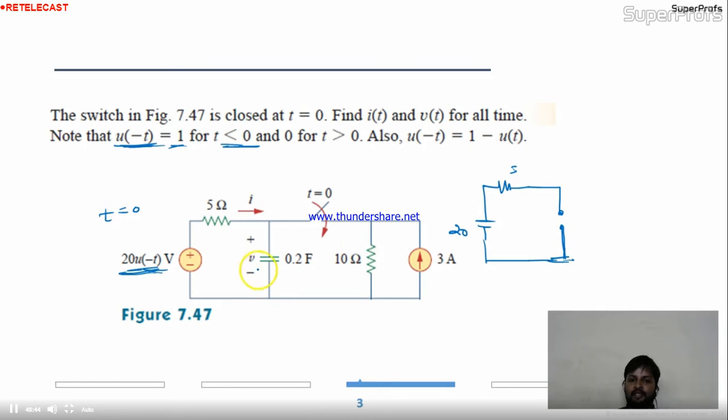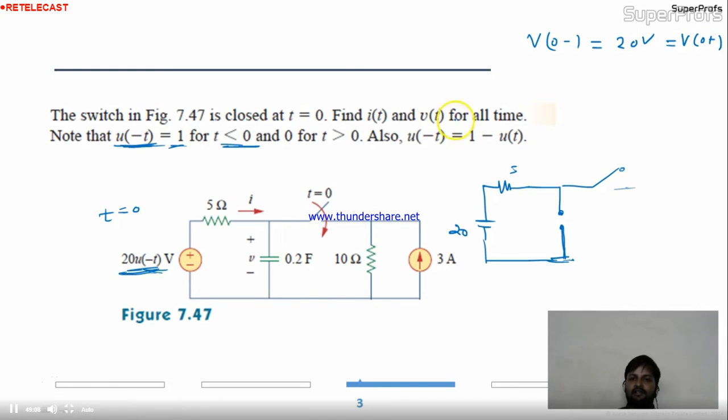Okay, so I can calculate the V now. The V is 20 volt directly, right? Here the switch is open like this condition, right? So this V0 minus is nothing but 20 volt directly, and this will be nothing but the value of V0 plus also.